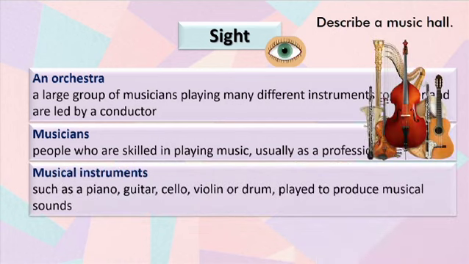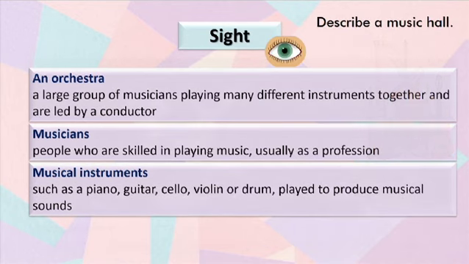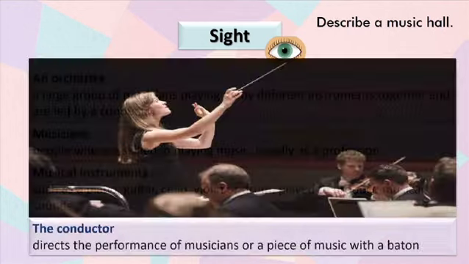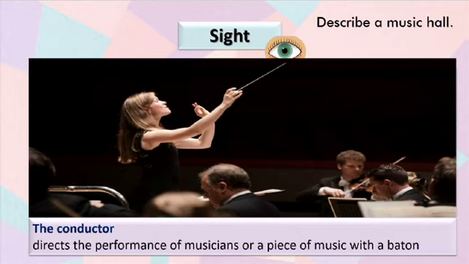Musical instruments are objects such as a piano, guitar, cello, violin, or drum that are played to produce musical sounds. You may also see the conductor. A conductor is someone who directs the performance of musicians or of a piece of music with a baton.